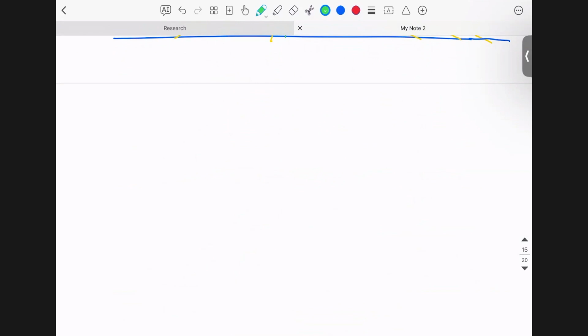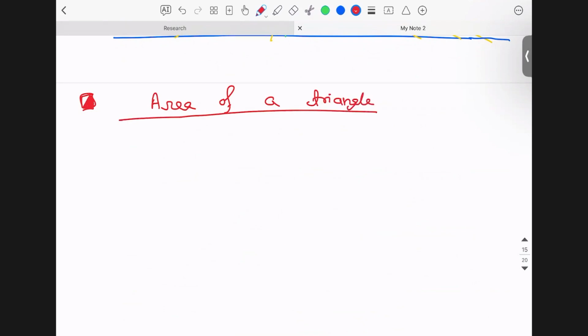Let us type it. This is the formulation of the area of a triangle. Suppose I have a triangle.